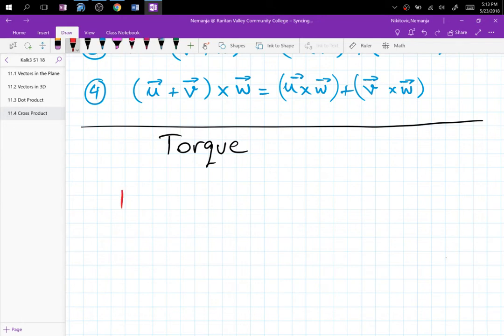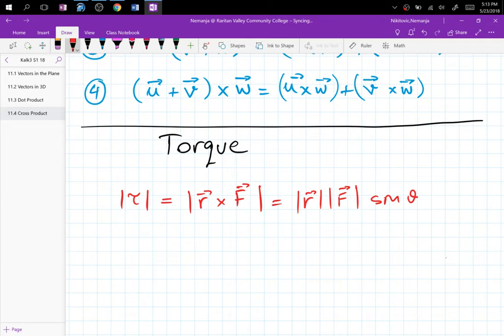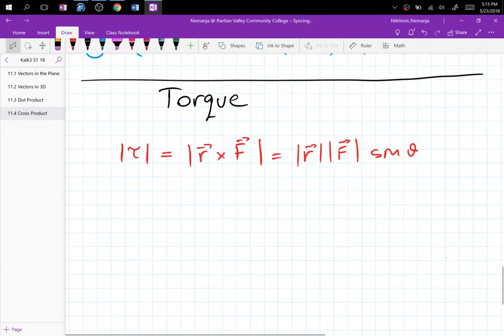The definition for this tau is going to be R cross F, which also can be found using the magnitude times the sine of the angle in between them. You write the magnitude, that means the final vector takes the square root of all the components squared, right?